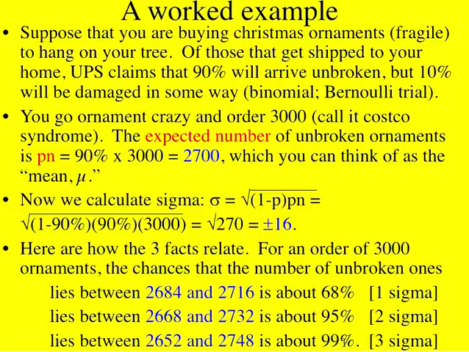You might get a shipment where instead of 2,700 unbroken, you get almost all of them broken. So that falls way outside the 99%. You might say, UPS has claimed that 90% will arrive unbroken. That's BS. But if they did this correctly and they're tracking their past records of these kinds of shipments, that means something very unusual happened.